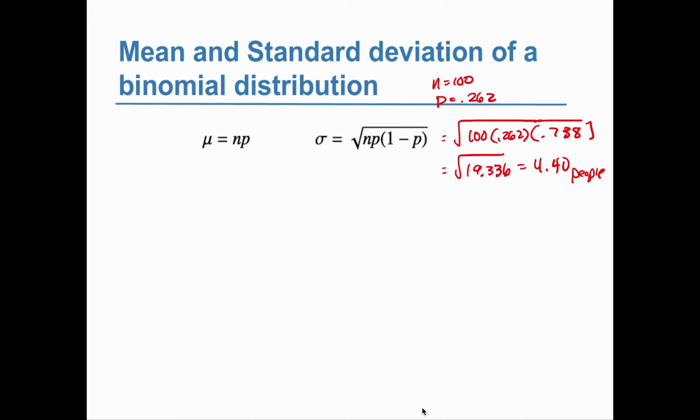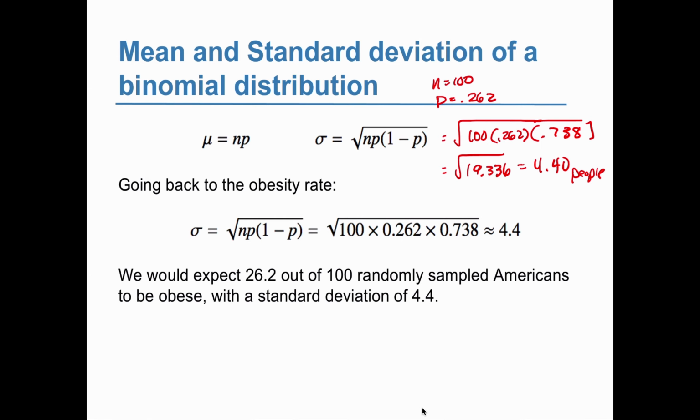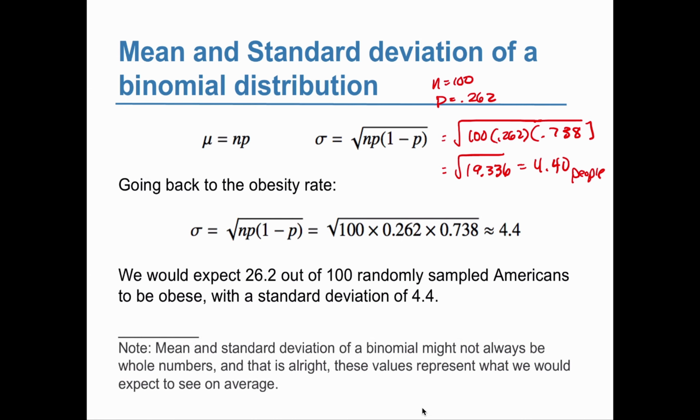All right, so your standard deviation is going to be 4.4 people. On average, our samples are going to vary by 4.4 obese people away from the mean. Mean and standard deviation of a binomial might not always be whole numbers, and that's okay because they are averages.